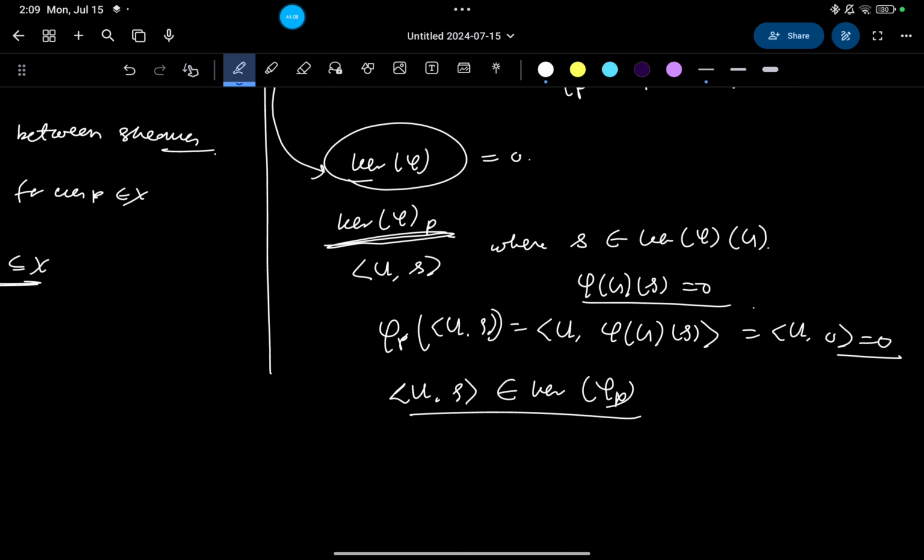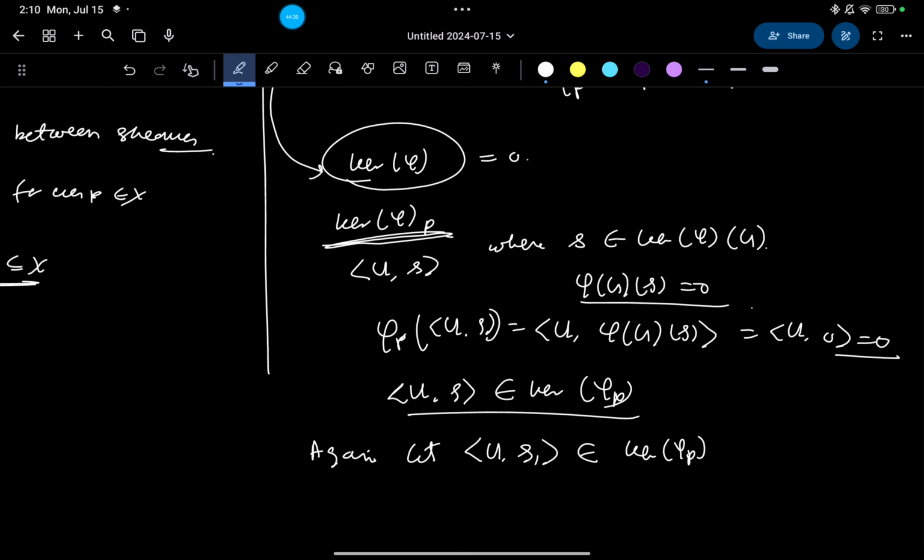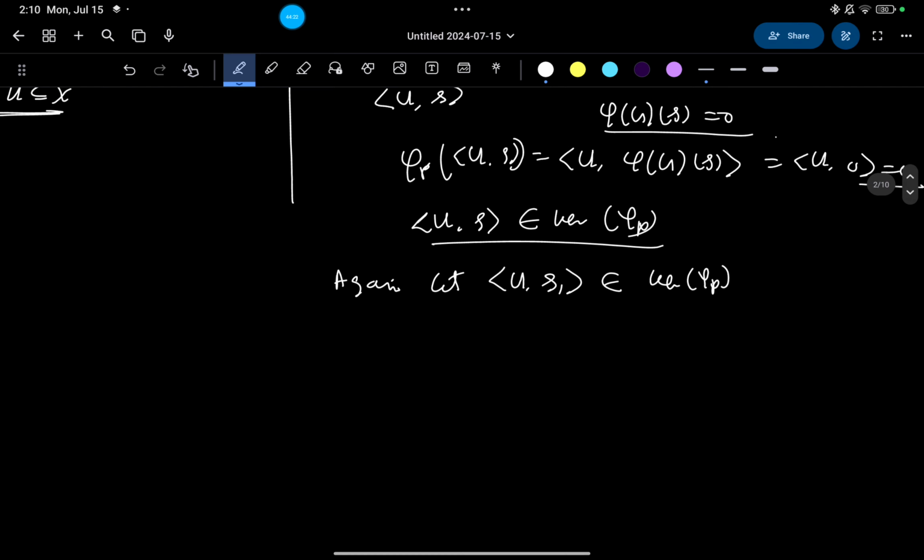Now again, let u comma s1 belong to kernel phi p. In that case u comma phi u of s1 is 0.